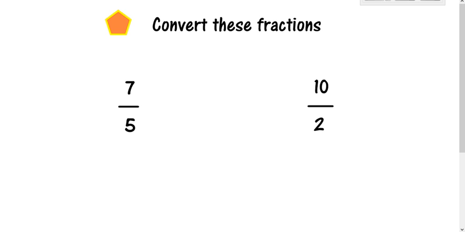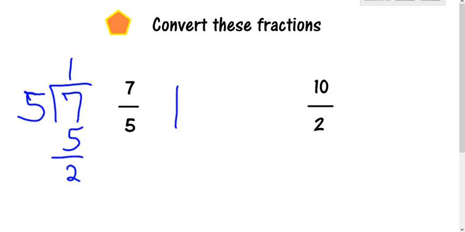Convert these fractions. Can you change them? Can you make them into mixed numbers? Okay, 7 divided by 5. Well, 5 goes into 7 one whole time. I'll show you all the work. Let's say it the right way: 7 divided by 5. 5 goes into 7 one time, and I get a remainder of 2.